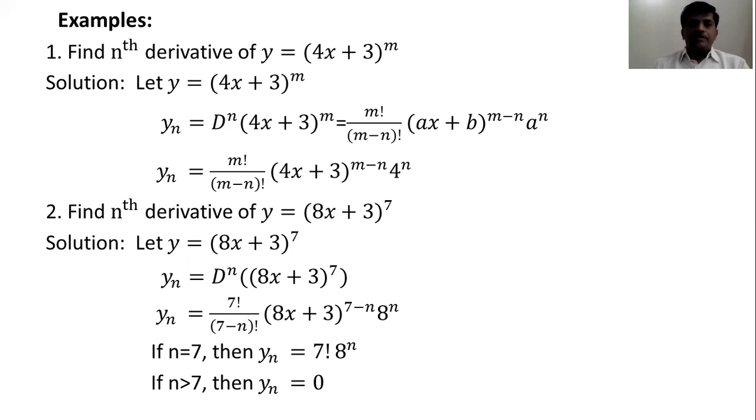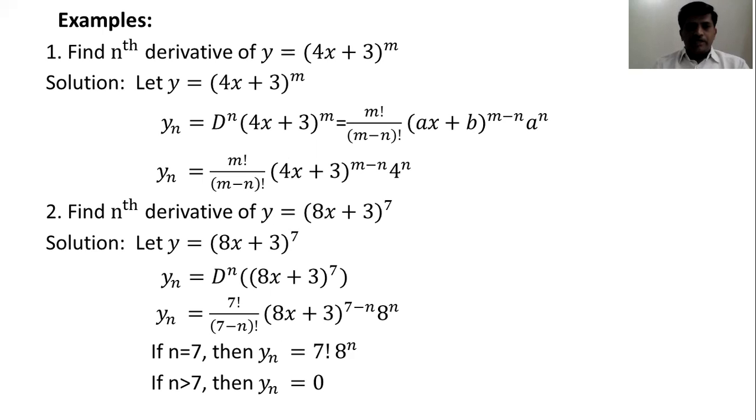One more example. Find nth derivative of y is equal to 8x plus 3 power 7. Let y is equal to 8x plus 3 power 7. Take nth derivative on both the sides. Then yn is equal to m factorial here. M is what here? 7. N is not mentioned particularly.